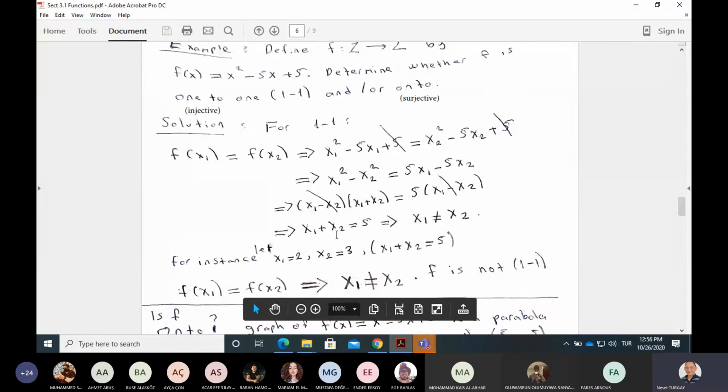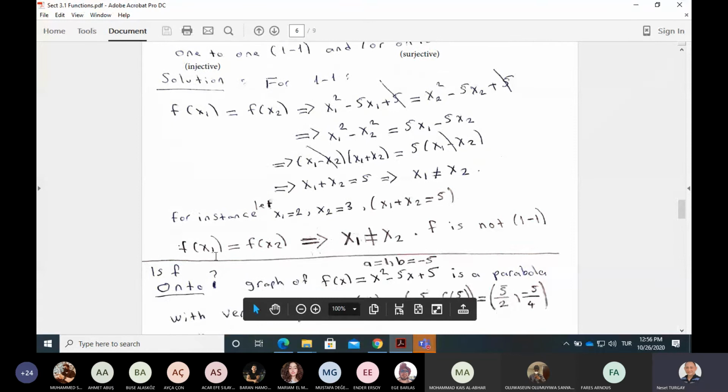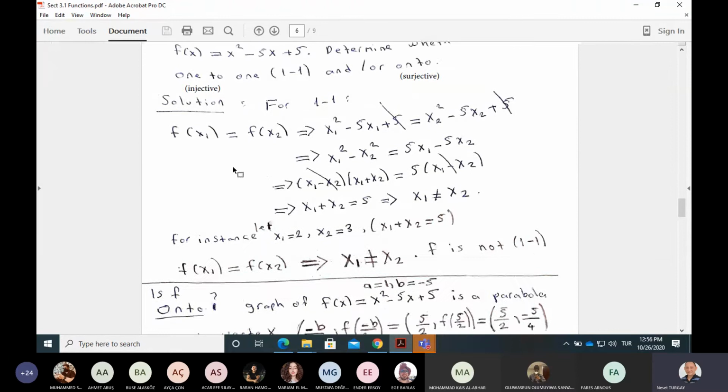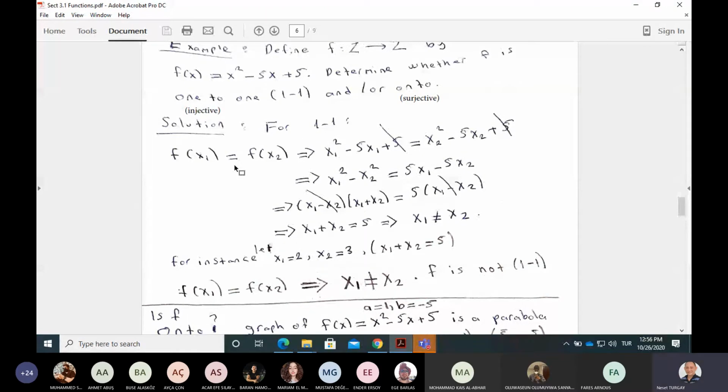So for that reason, we see that when f of x1 equals f of x2, x1 is not necessarily equal to x2. That means f is not 1 to 1. Do you understand this one?